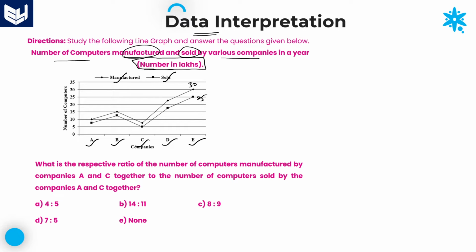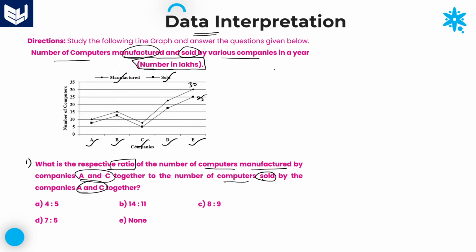Okay. Now, look at the first question. Based on that information, we need to solve the questions. Here the first question is, what is the respective ratio? We are calculating the ratio of which numbers? The number of computers manufactured by companies A and C together to the number of computers sold by companies A and C together.